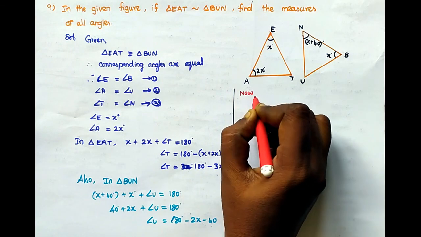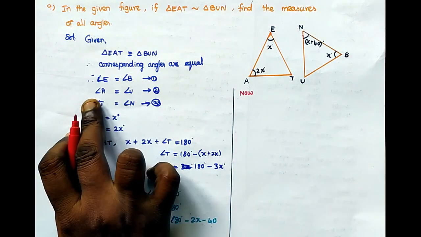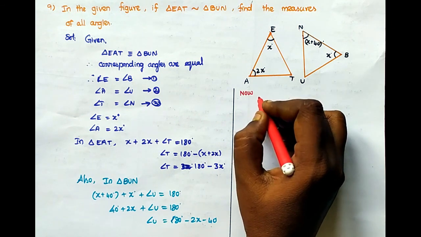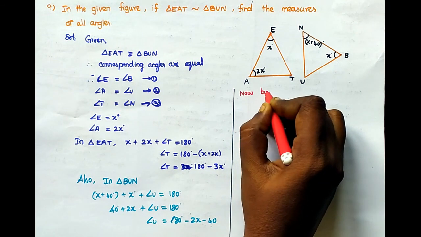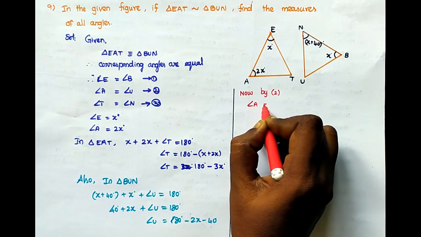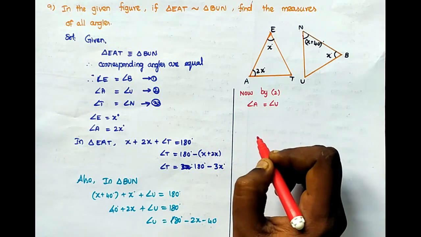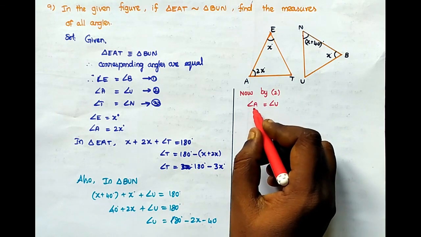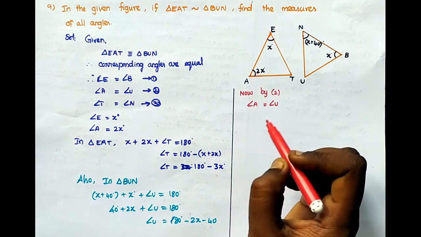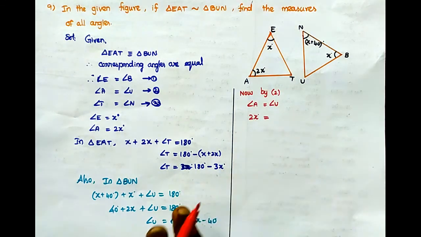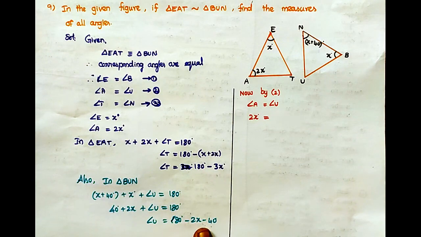Now by equation 2, angle A equal to angle U. Angle A we know that 2x equal to angle U equal to 180 minus 2x minus 40.